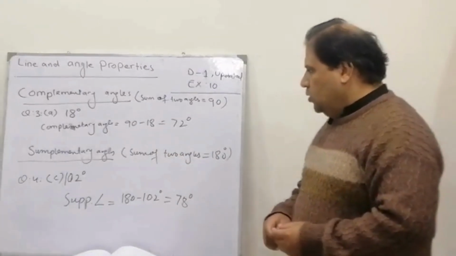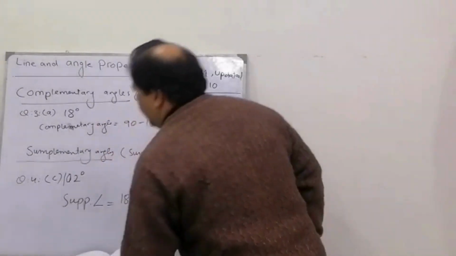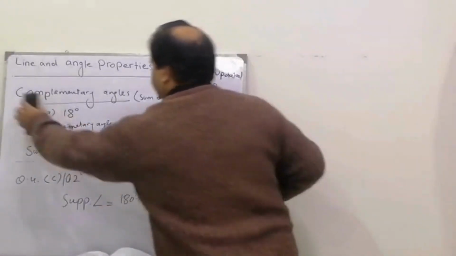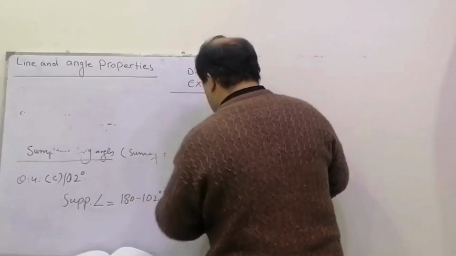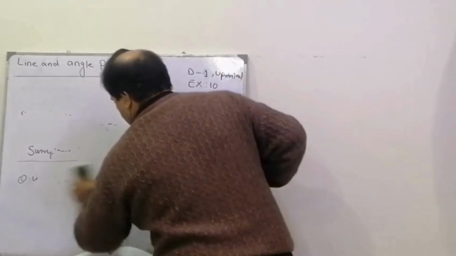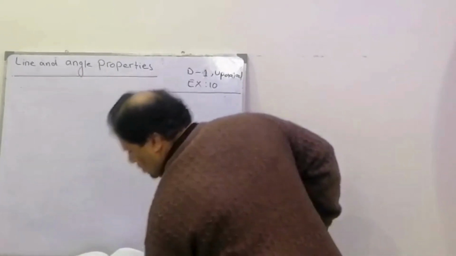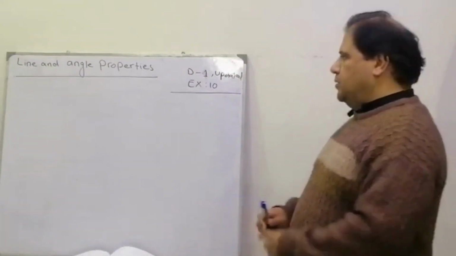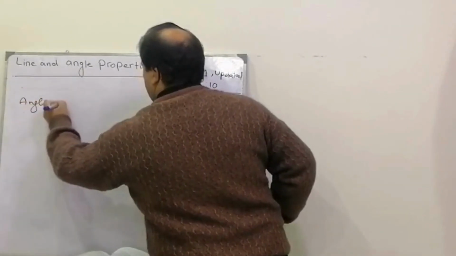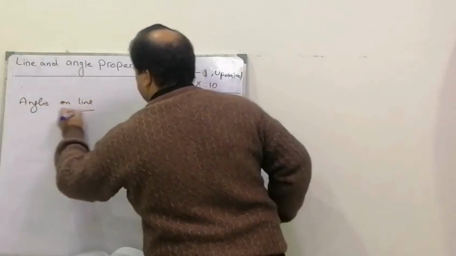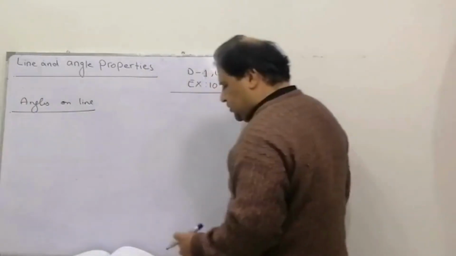Okay, now we will move to angles on a line and angles on a point. Angles on a line. For example, we have a line.